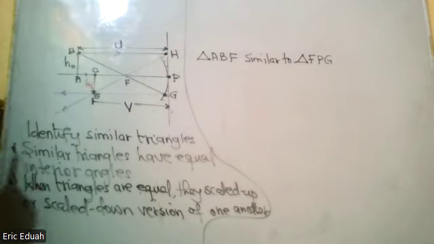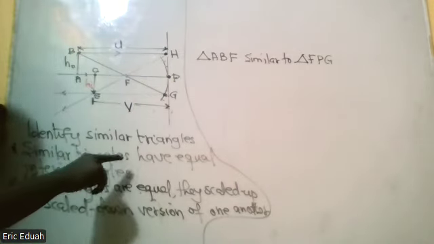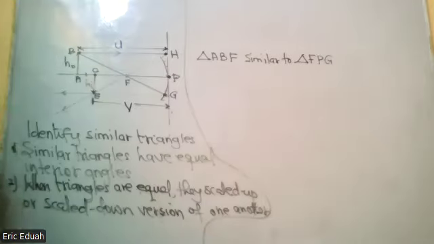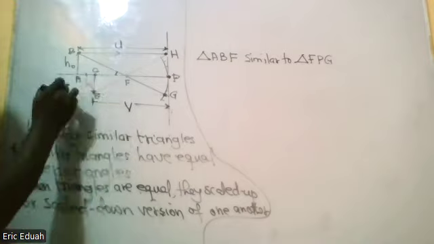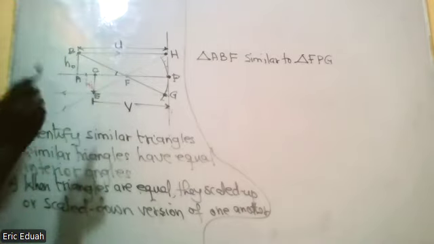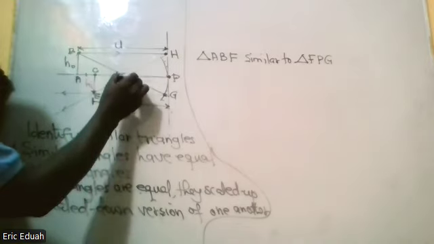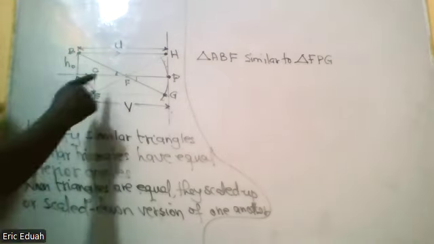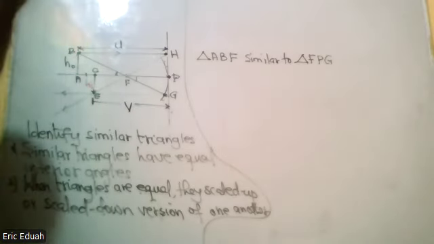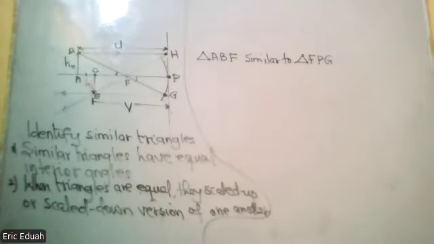I said when triangles are similar, they have equal interior angles. Look at this angle here, this is triangle ABF. This angle is equal to this angle. And what's the reason? Why is this equal to this angle? What mathematical rule? This is vertically opposite. So, they are vertically opposite angles.